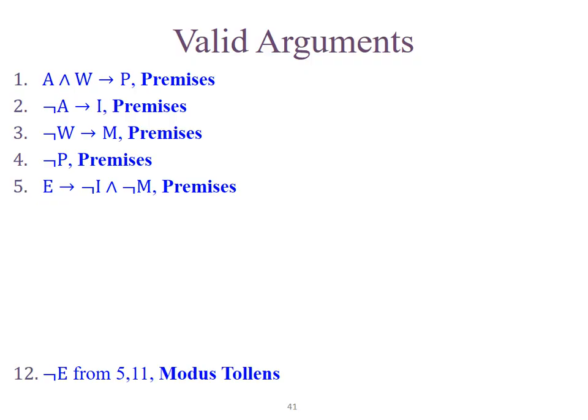Now we have two premises left here. Maybe we can see, because we have not A and not W, and we have not A here, not W here. So maybe we can choose any one to connect with this one. Maybe we try the first. For the fifth step, if not A, then I, how do we write it?